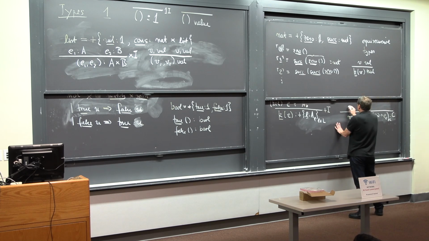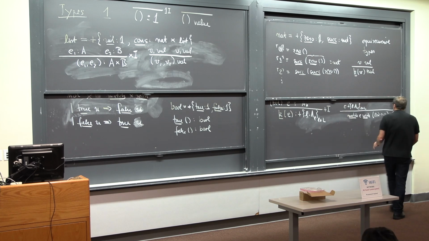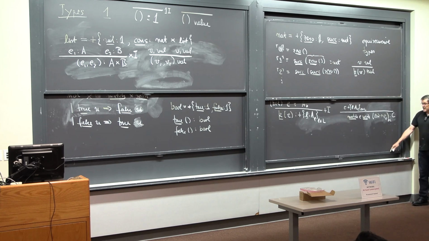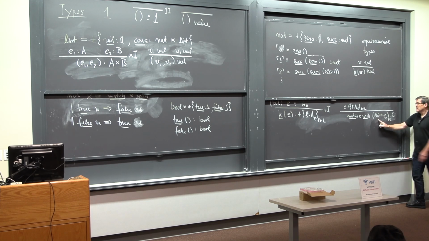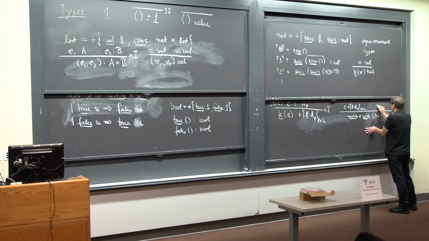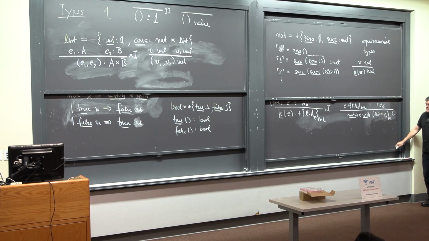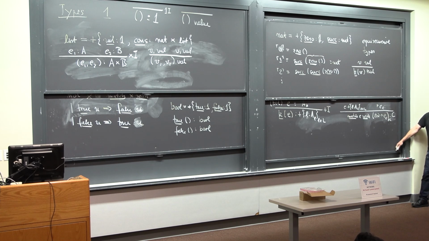So what I want here is that E has type the sum of L colon A sub L from some index set. And then you have to type each branch, right? Every single branch. So how do I do that? I say E sub L. Well, at type checking time, I don't know which branch will be taken.